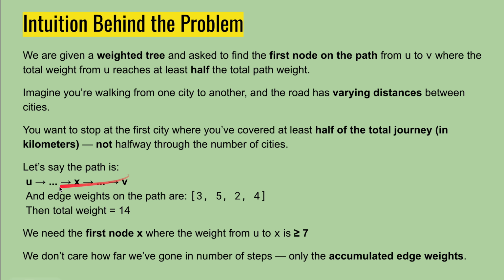Let's say the path goes from u to v, where u is Bangalore, v is Delhi, and x is Nagpur.